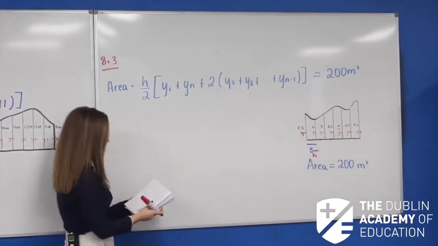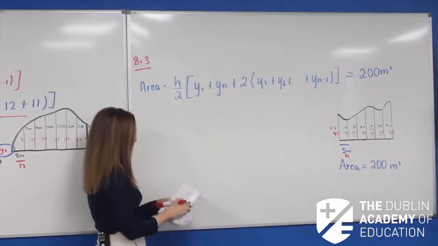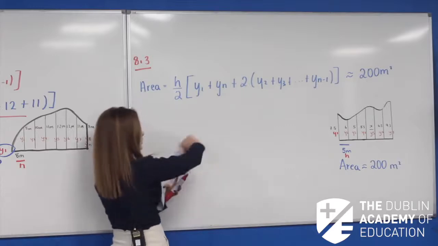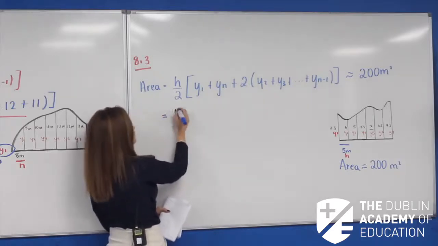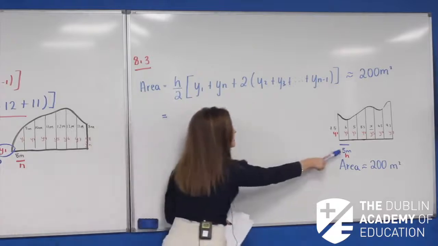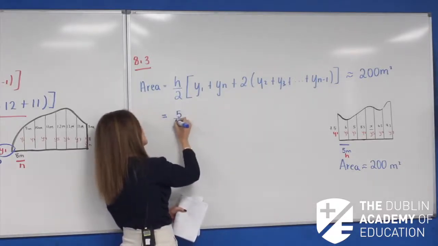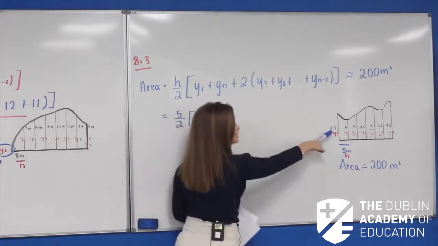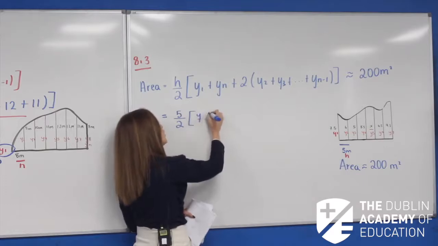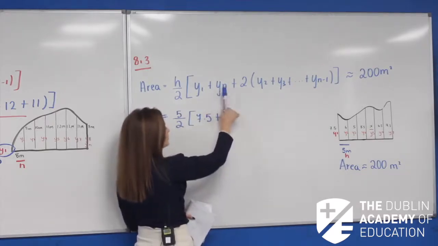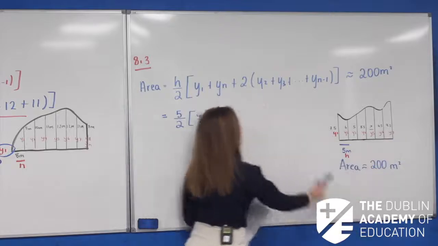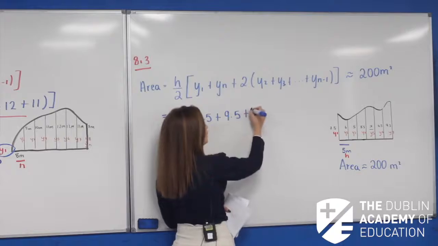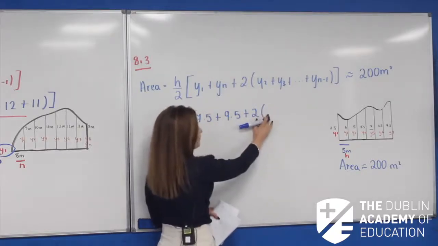Now all I do from there is fill it directly into my formula. I'm going to move over a little bit as I do, tighten it up. So here, h, as we see here, is 5 meters. So 5 over 2, open my bracket, y1, my first term here, is 7.5, plus yn, my last term, is 9.5, plus 2 times everything in between.